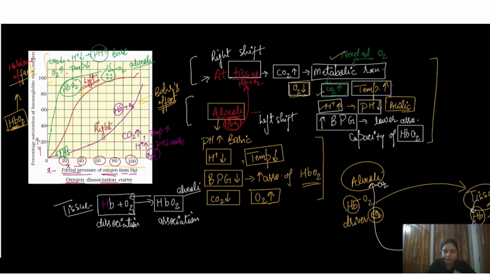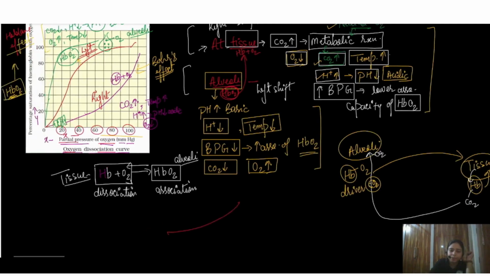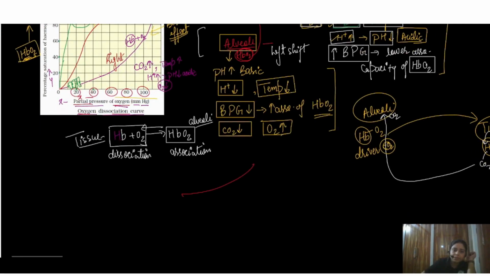Now the next topic: how the association is happening with the Hb, and how the CO2 is dissolving. Because in the blood, this is the blood vessel, and we know very well the blood is not only fluid, the blood has the plasma as well as the formed elements.